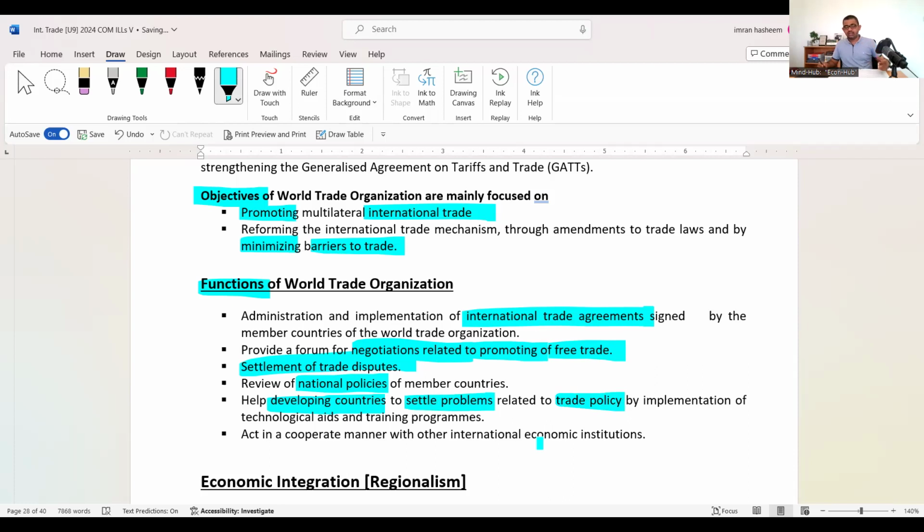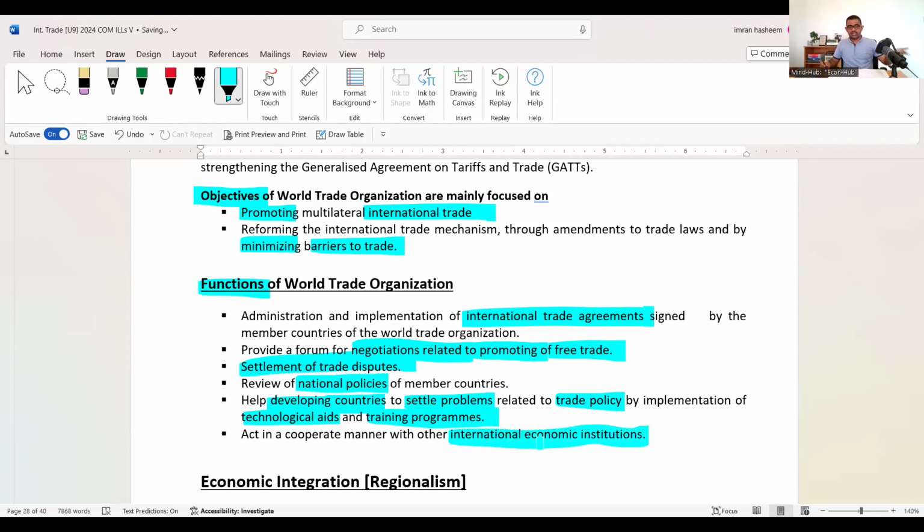If they don't have a very prudent and a very long-term oriented trade policy, they try to help, if that country listens, though. Implementation of technological aids and training programs, all that they do. Then finally, act in a cooperating manner, right, with international economic institutions.